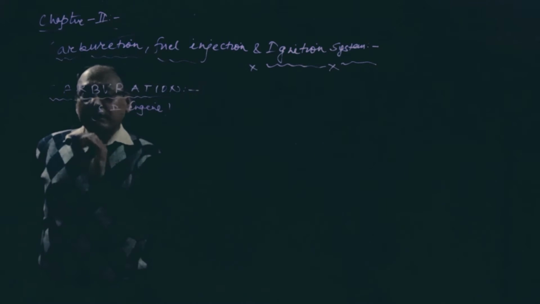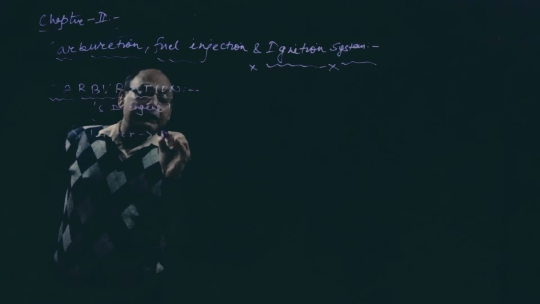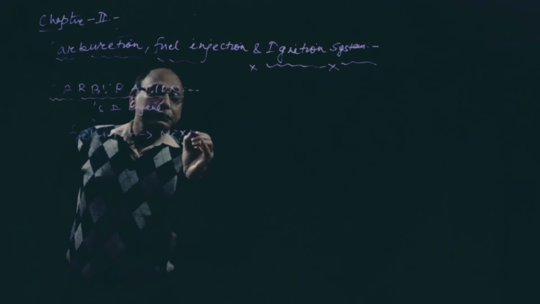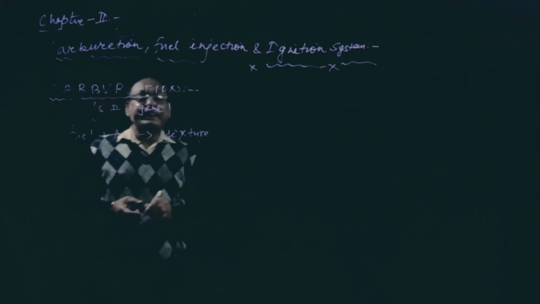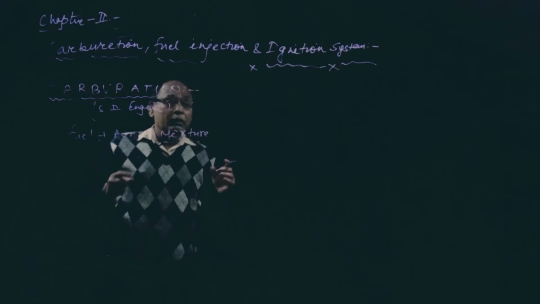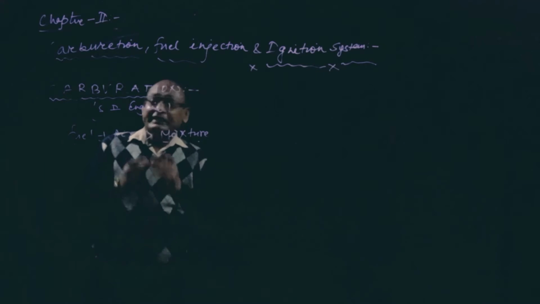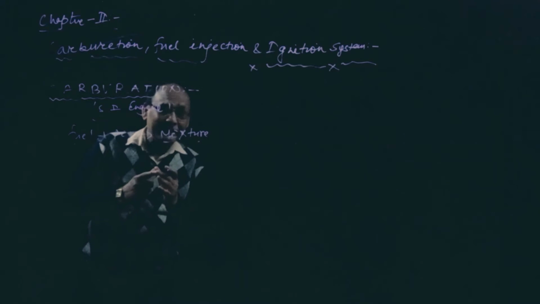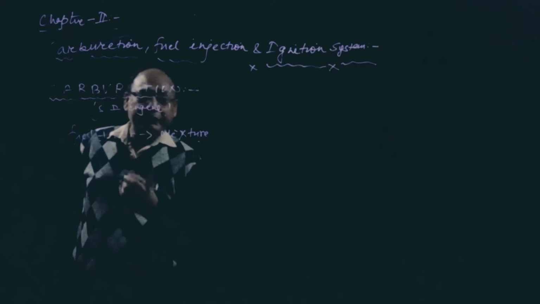So fuel plus air is called mixture. It should properly mix, that fuel should properly mix with air to enter into the cylinder. Before entering the cylinder, the process of mixing fuel with air, there are three things technically you have to study.